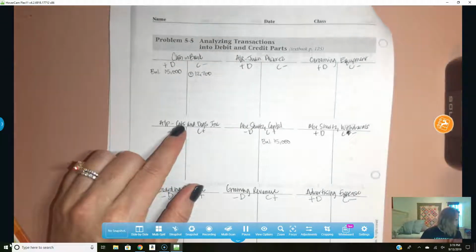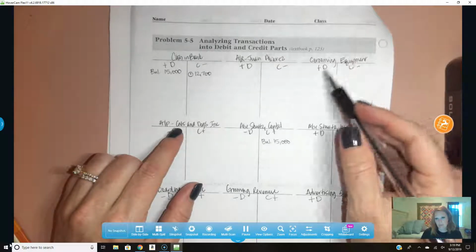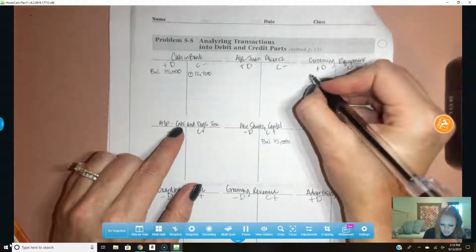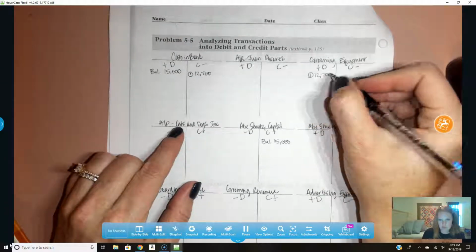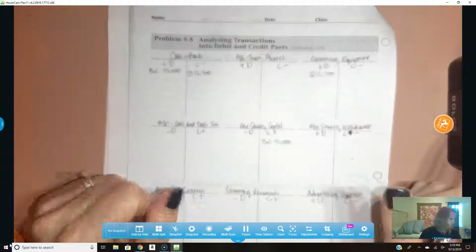And then we purchased grooming equipment, so I'm going to assume grooming equipment is affected, and we are going to increase that. Now remember, we have a debit and a credit. You always have at least one of each, and that they equal.